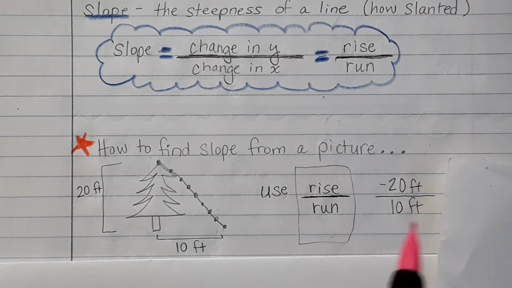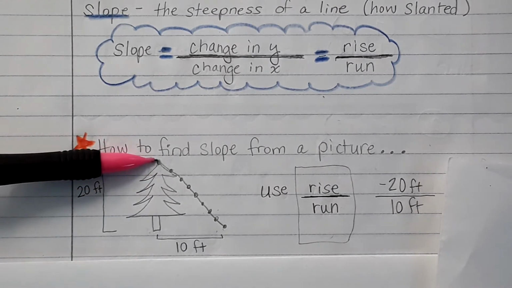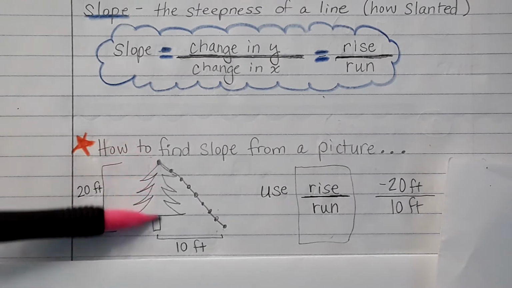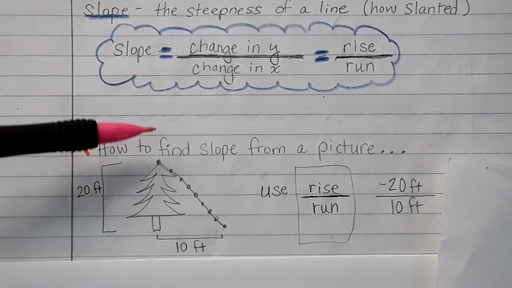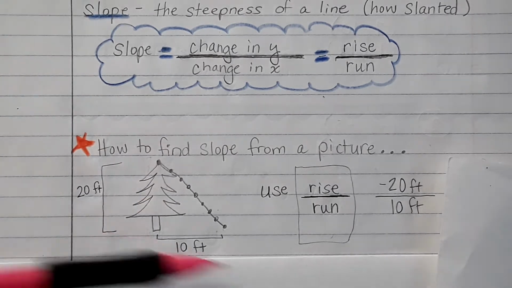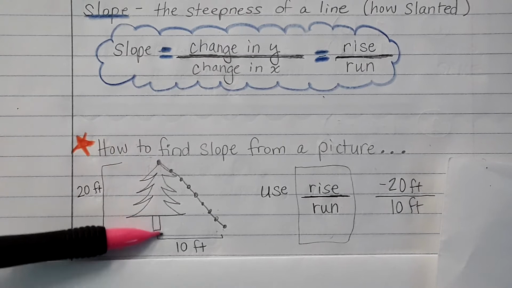Now, I do have here negative 20 feet because I want you to start thinking that when you start from the top here and you go down, going down is a negative direction. So we're not going to jump around and count rise over run. You start with your pencil, go down for the rise. Down is negative 20 feet.